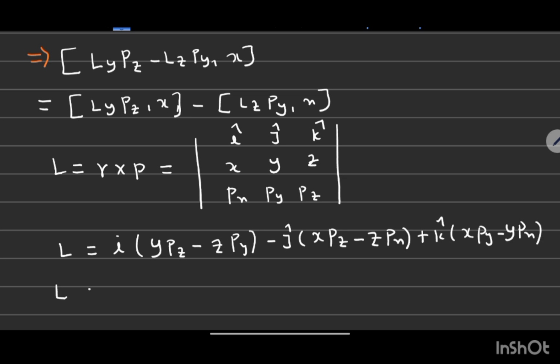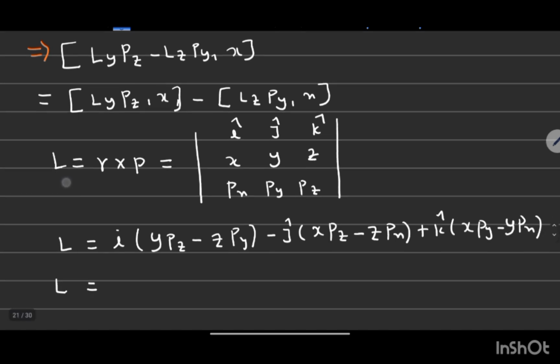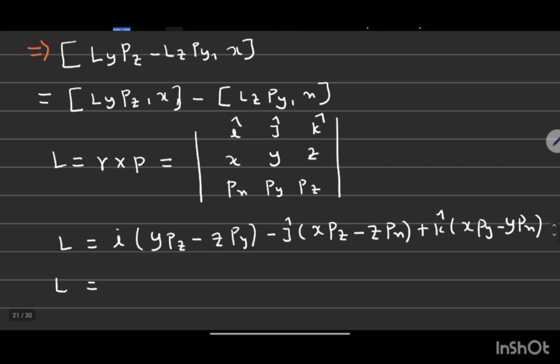Okay, so this is your x component of orbital angular momentum, y component, and z component. Let's write it: this is your Lx, Ly, Lz.